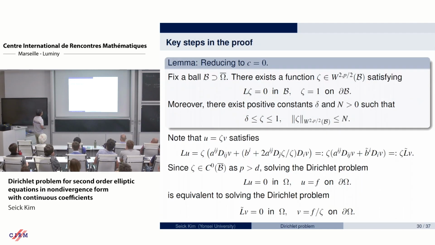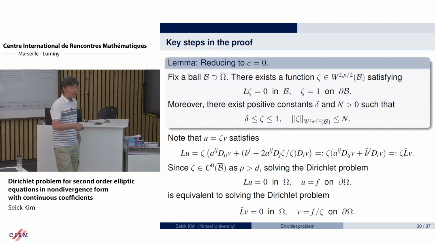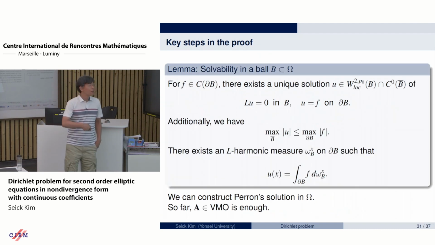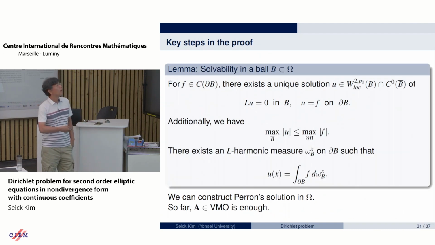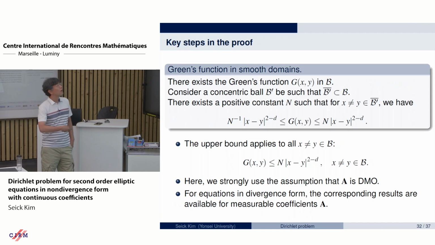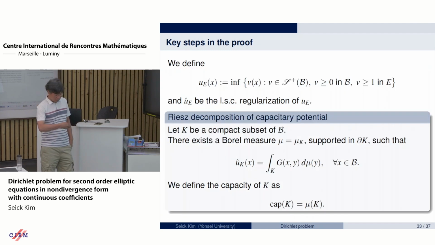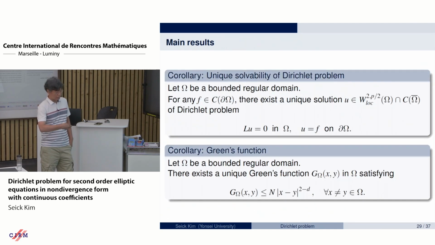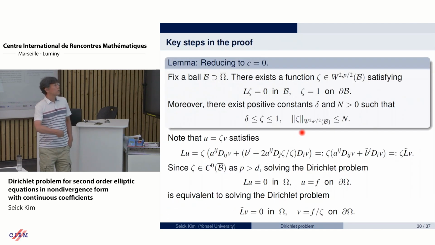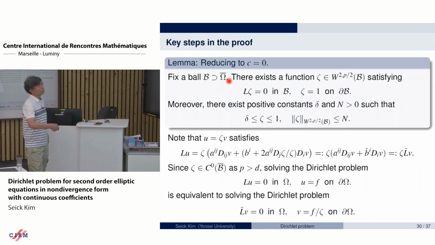Okay, I'm going to tell you a little bit about just the idea. This is a common trick in PDE. You have C, you don't like C, you want to get rid of C. So what you can do is, okay, this is a lemma.